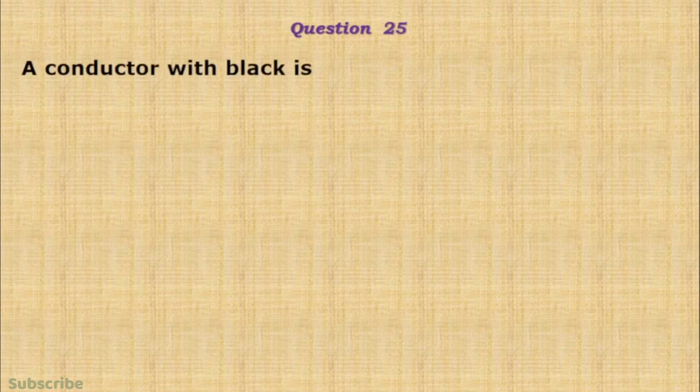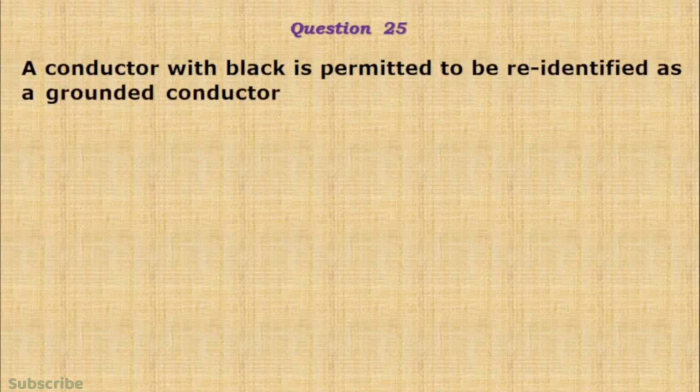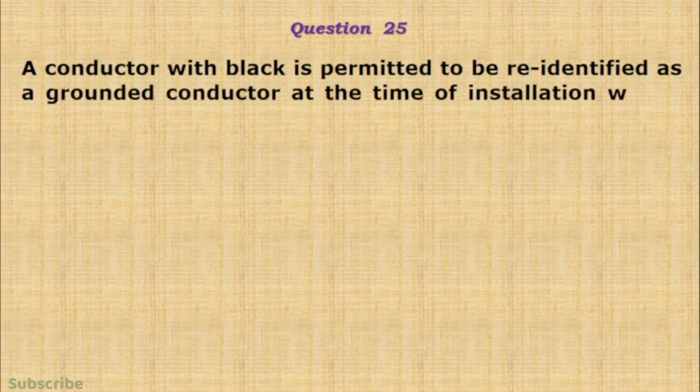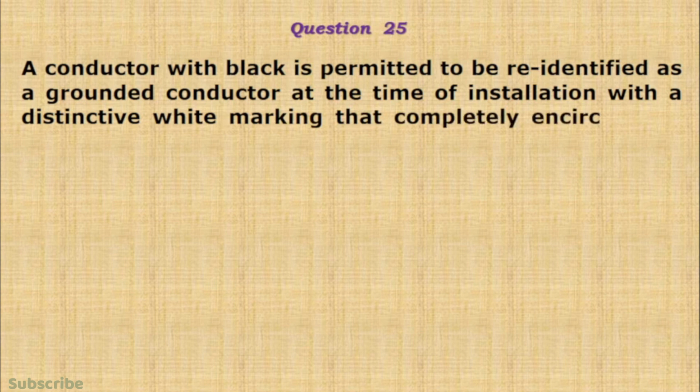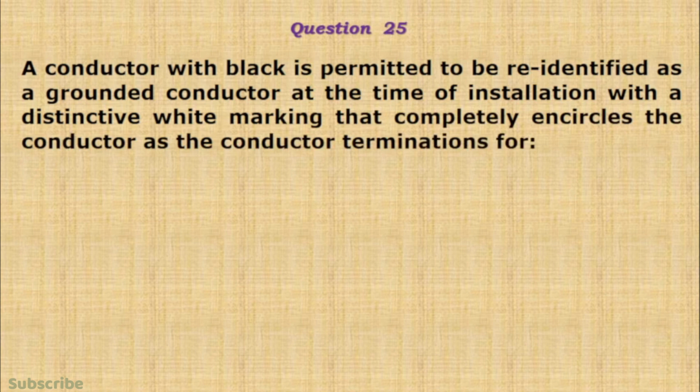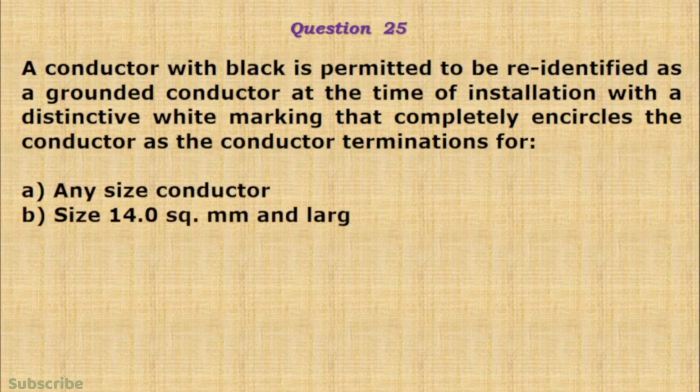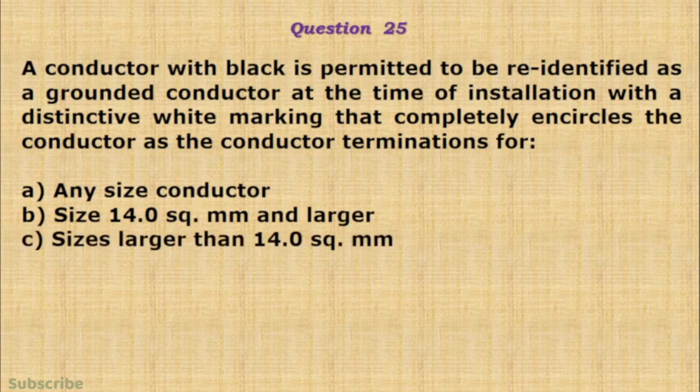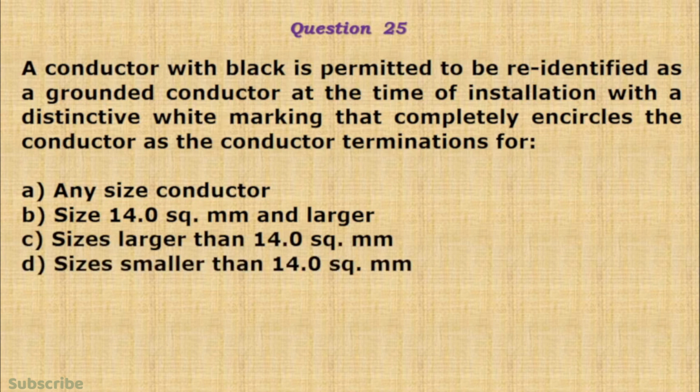Question number 25. A conductor with black insulation is permitted to be re-identified as a grounded conductor at the time of installation with a distinctive white marking that completely encircles the conductor at the conductor terminations for A. Any size conductor, B. Size 14.0 square millimeter and larger, C. Sizes larger than 14.0 square millimeter, D. Sizes smaller than 14.0 square millimeter.